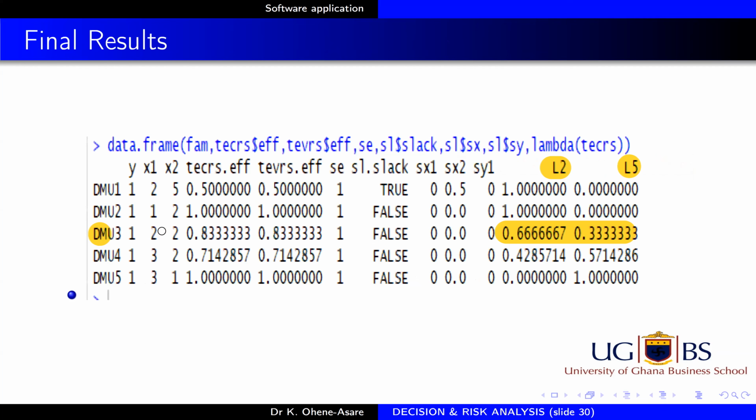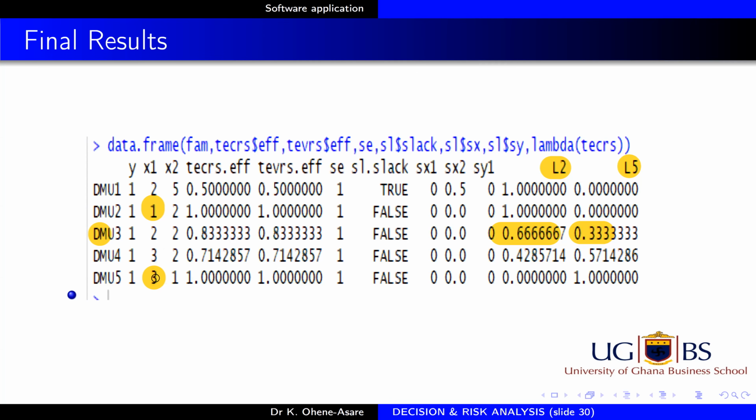So let's go back. You multiply this lambda 0.67, because it's from DMU2, by the input 1 of DMU2. So 1 times 0.67. And then you multiply this lambda 0.333 by the input of DMU5, and that input for DMU5 is 3.